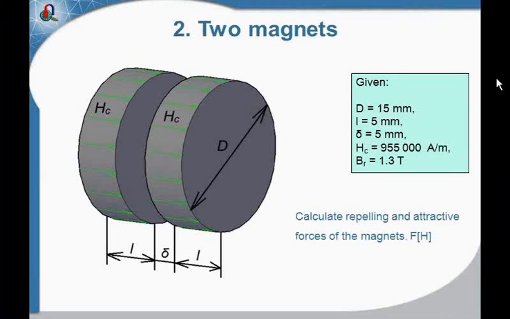Permanent magnets never work separately. They create a field or force in the system. Let's calculate the force of two cylindrical magnets interaction.